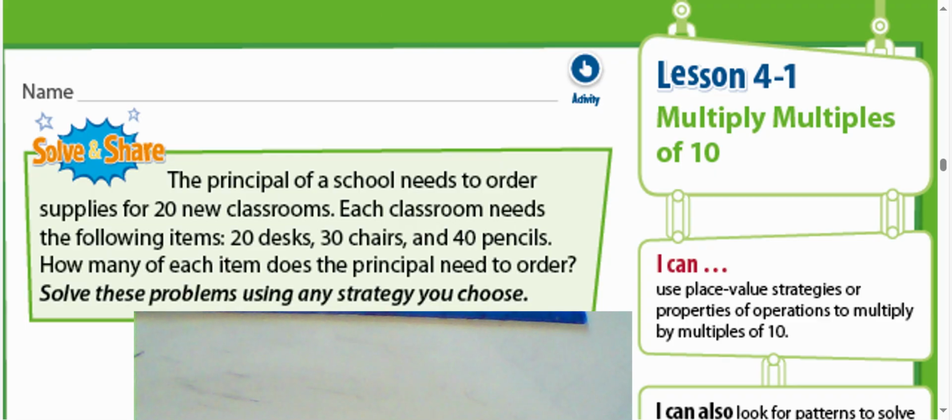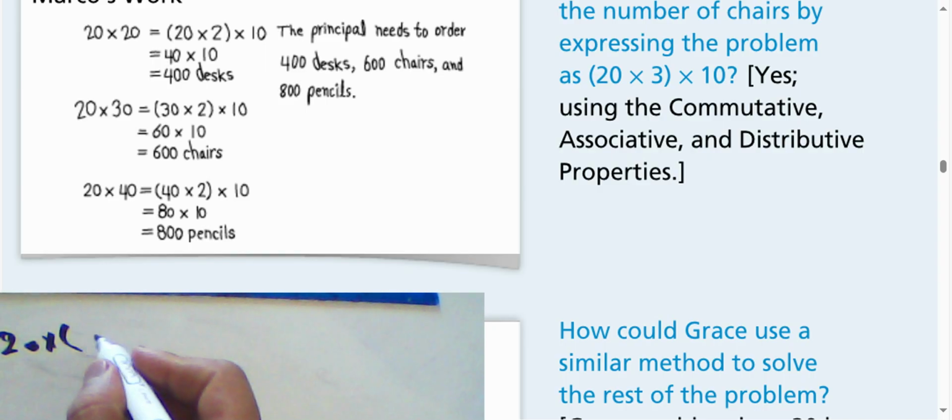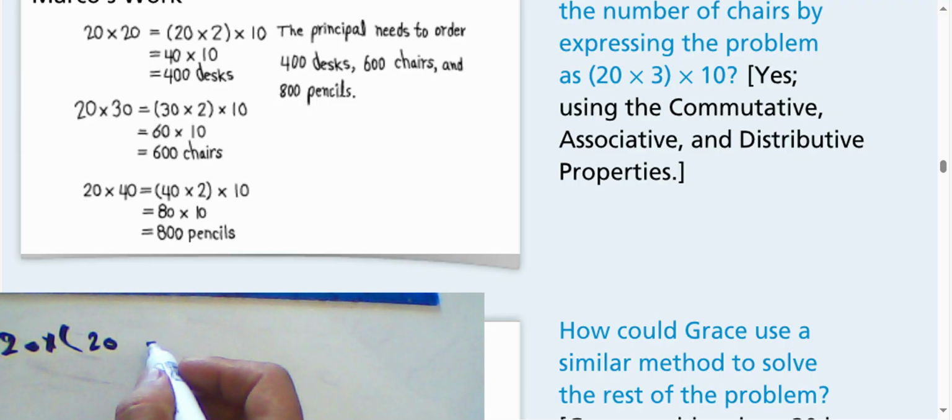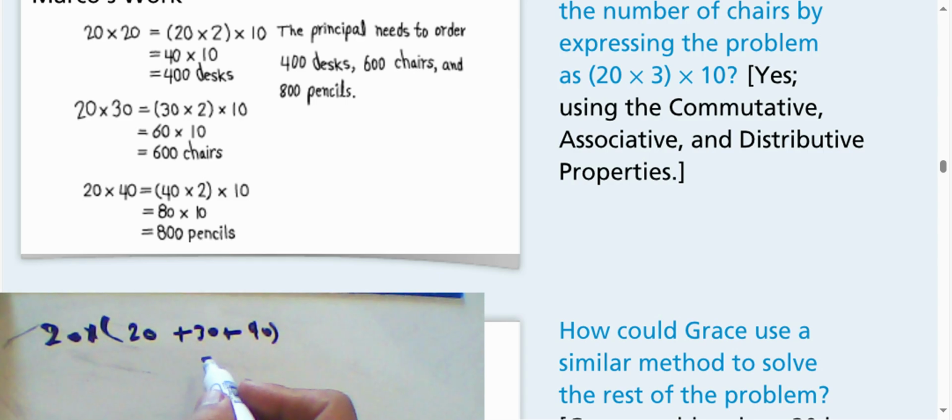First strategy, we can write 20 times 20 and also 20 times 30, 20 times 40 to find the result. Or you can add together: write 20 here, times the sum of all items. We have 20 desks and 30 chairs and also 40, and then the result times 20.